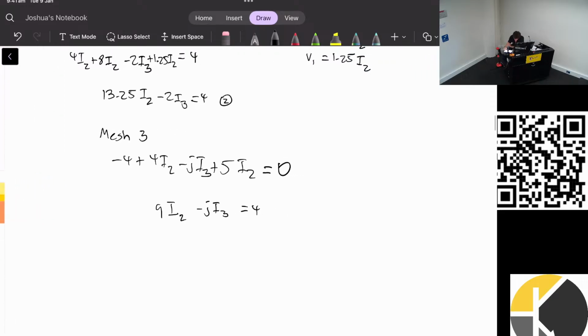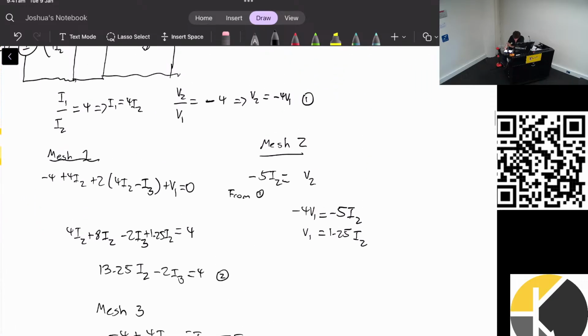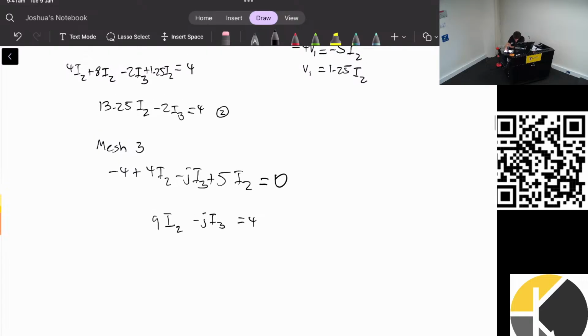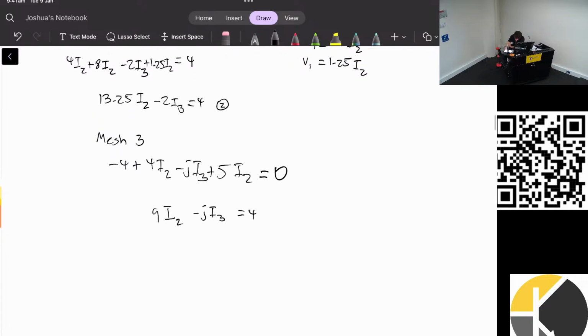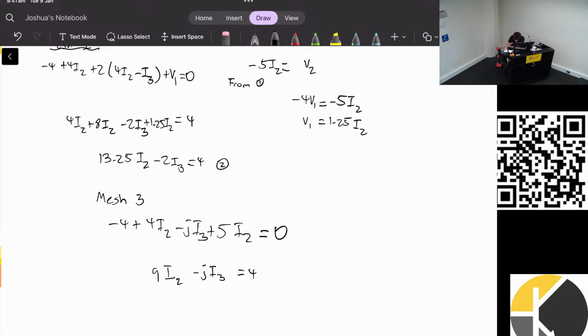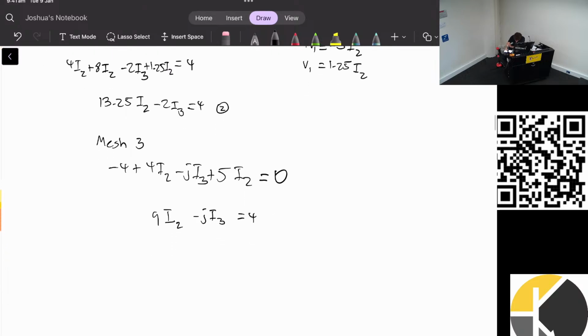Yep. And then we just have two equations, and we just have to solve for I2. That's what we want. We want this voltage, which is just 5I2. So let's solve for I2. We've got this equation, and we have our other equation over here. What can we do to get these the same?